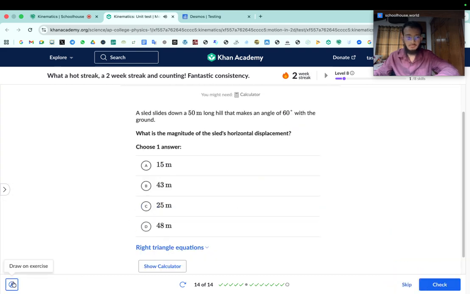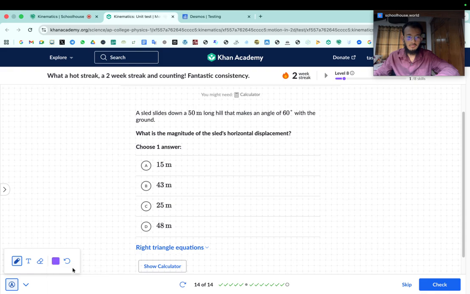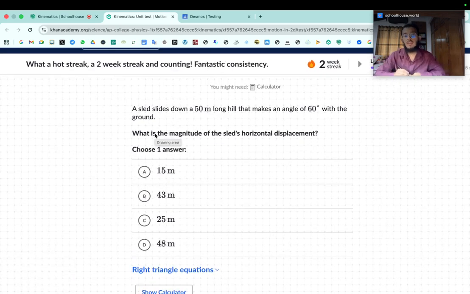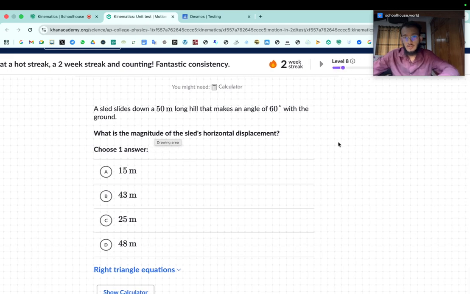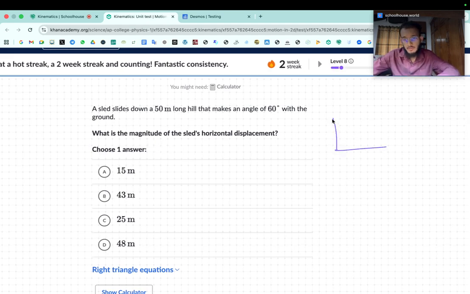Last question. A sled slides down a 50-meter long hill. Okay, 50 meters long, not height, a hill that makes an angle of 60 degrees with the ground.